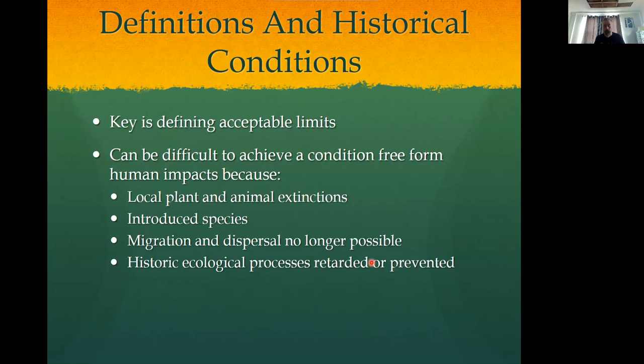The plants and animals that used to be there might be gone, and they might be relatively minor or relatively major components of that ecosystem. The closer to a dominant or keystone species those things are, the less likely it is that you're going to get there.